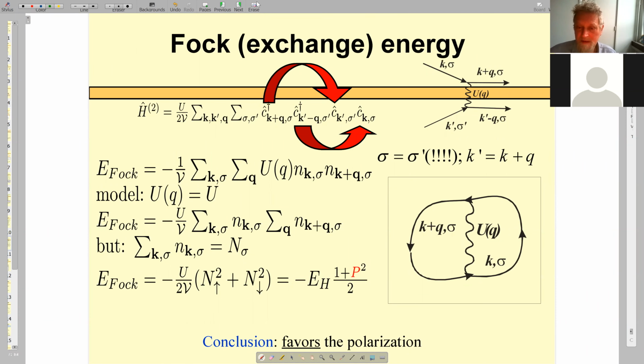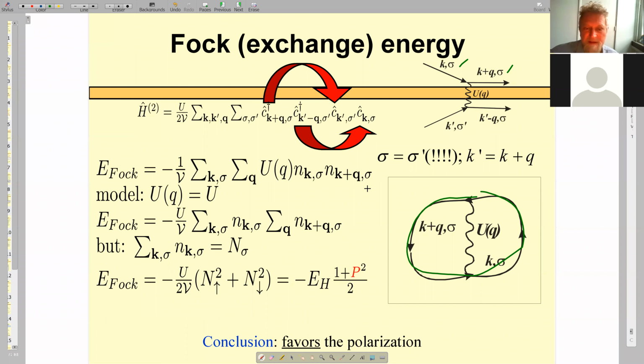But what is more important is that it actually sets all spins to the same value, right? So here spins are the same by definition. If one makes this connection, the only way to close this line is the way I've shown, right? And the spin along the electron line is the same. Fine.